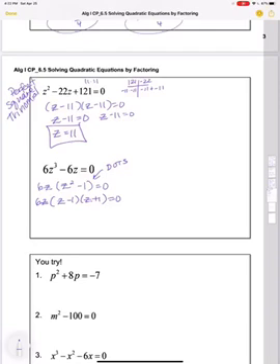So now I'm going to set each factor with a variable equal to 0. So 6z could equal 0. Z minus 1 could equal 0. Z plus 1 could equal 0. So there are three options for z.